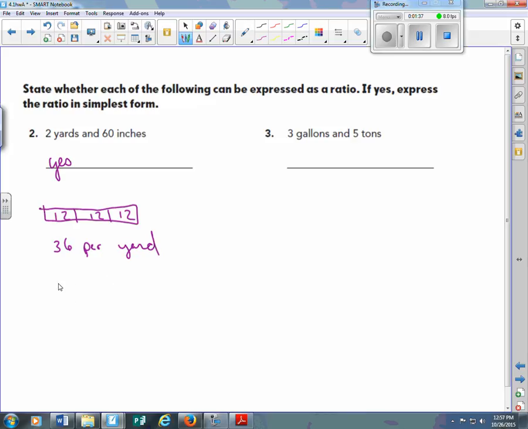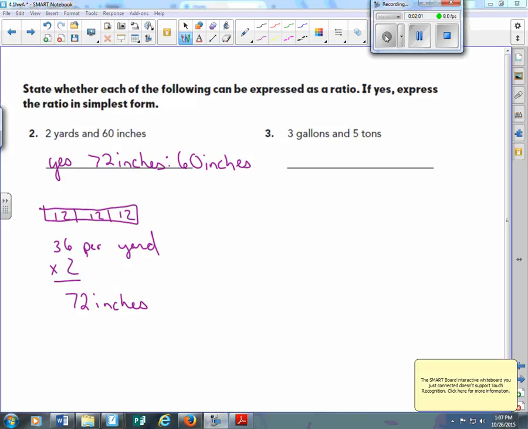So then we would multiply that number by 2. We get 72 inches. So 72 inches per 60 inches. Now what we have to do is put these in simplest terms.